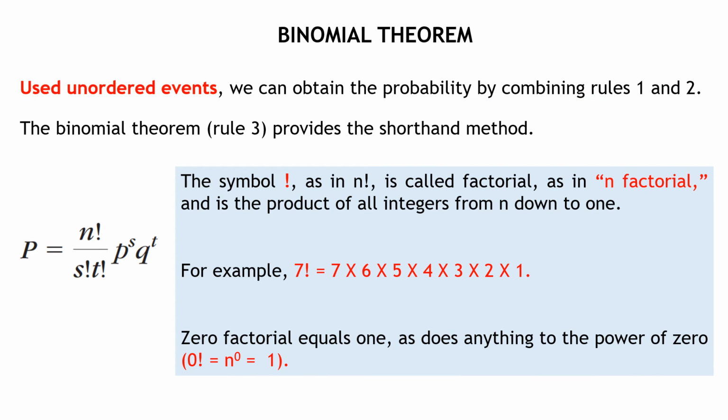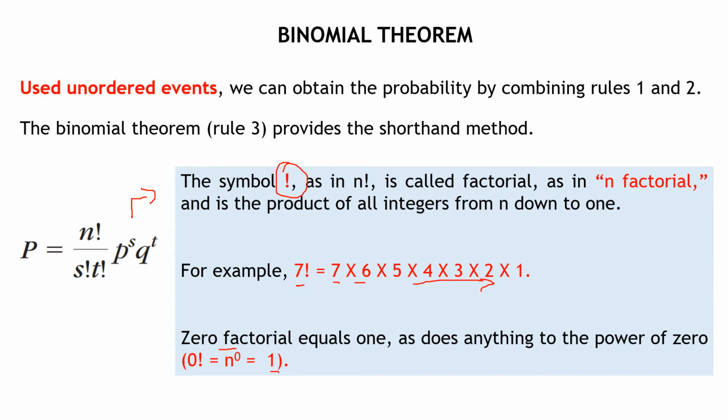Just one thing to remind you: there is this symbol, the factorial. If you have 7 factorial, it's 7 multiplied by 6, by 5, and so on. And remember, 0 factorial is equal to 1, okay?